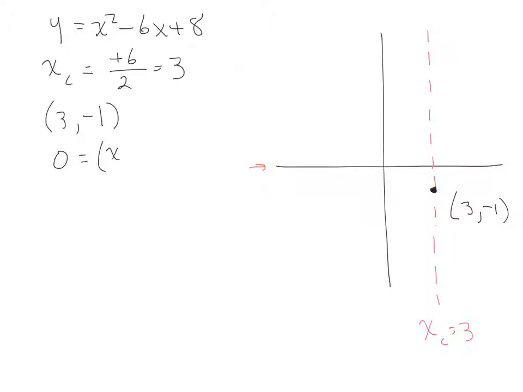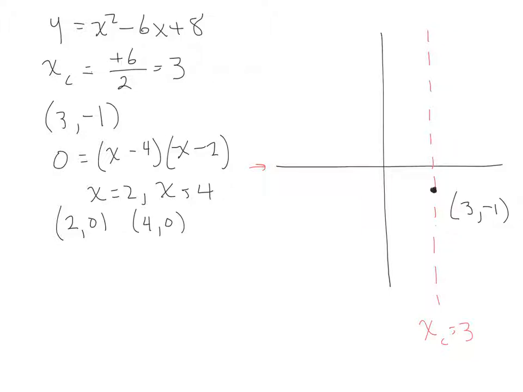So what we're going to get is x and x again, and of course 8 factors into 4 and 2, and those are going to add up to 6, and they're both negative like that. So what we're going to get is x equals 2 and x equals 4 are our roots, and so those correspond to the points 2, 0 and 4, 0.